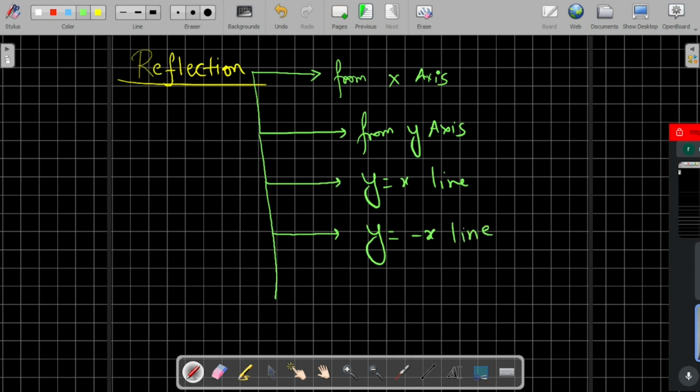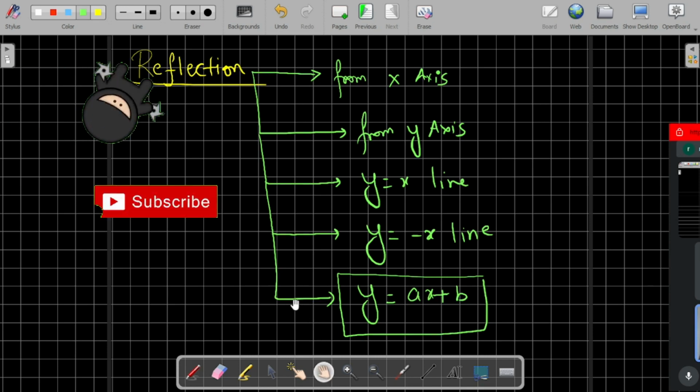And there will be another case if you have a general equation of straight line, y equals mx plus c or ax plus b. If you have a general line, then how we can take the reflection of any point.